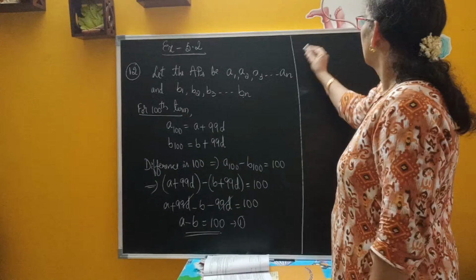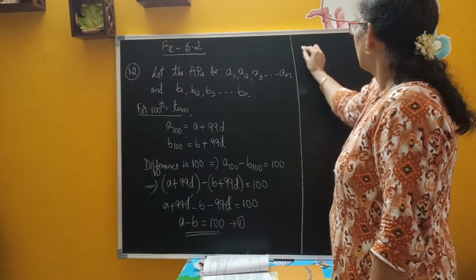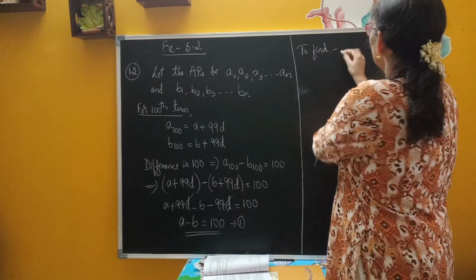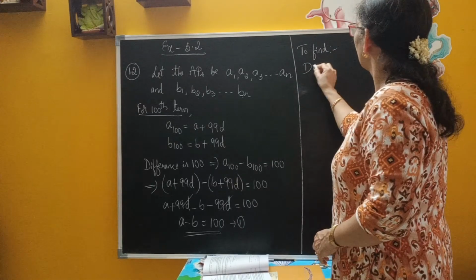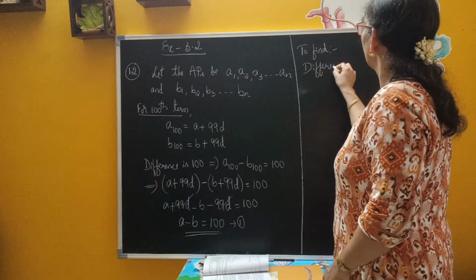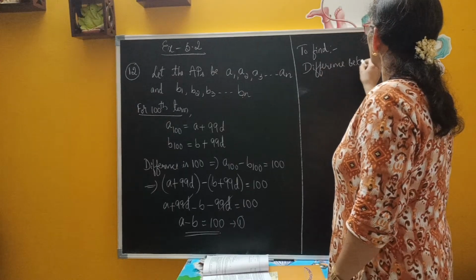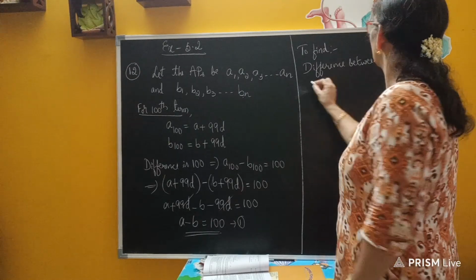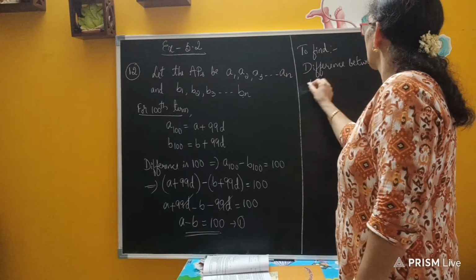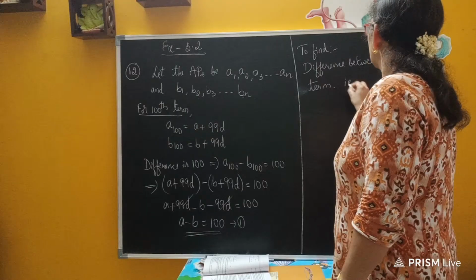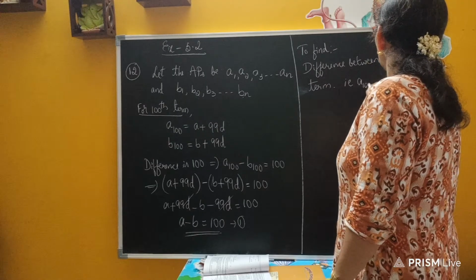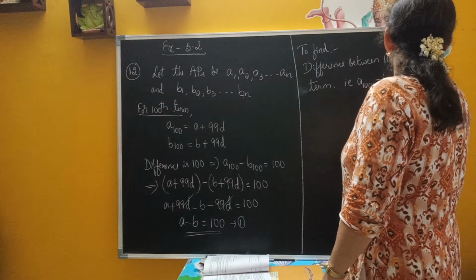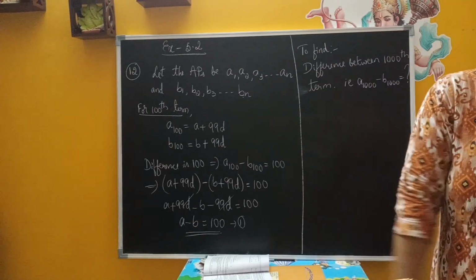So the difference we have to find, that is the difference between the 1000th terms: A1000 minus B1000 is equal to how much? This is asked to find.